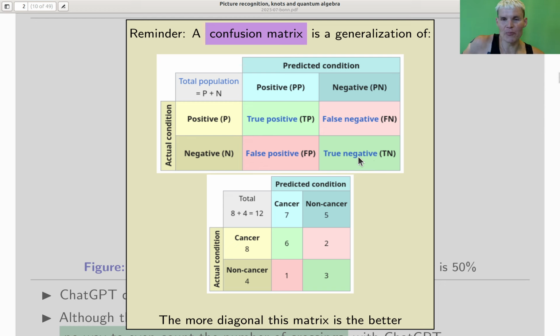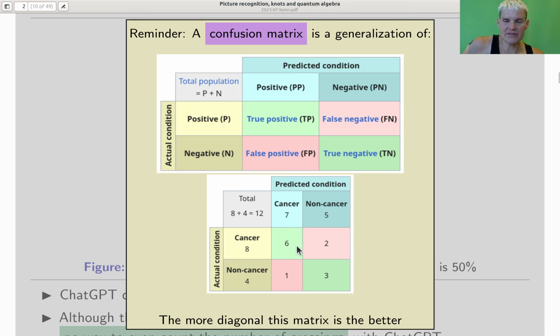What is less desirable, but still fine from the theoretical point of view, is at least if you have cancer, the test should tell you that you have cancer. And the off diagonals are really bad. If you don't have cancer and the test tells you you have cancer, that's bad. And you have cancer and the test tells you you don't have cancer, that's also bad.